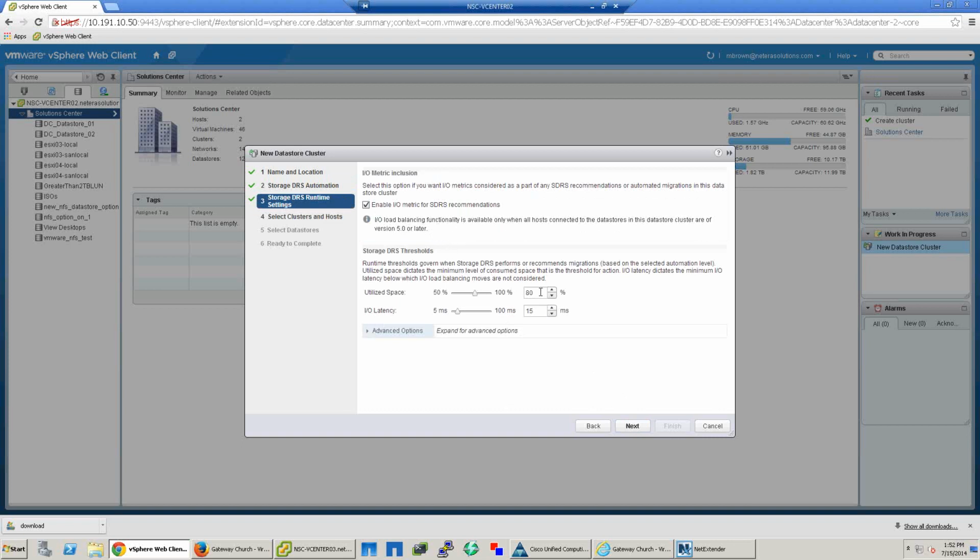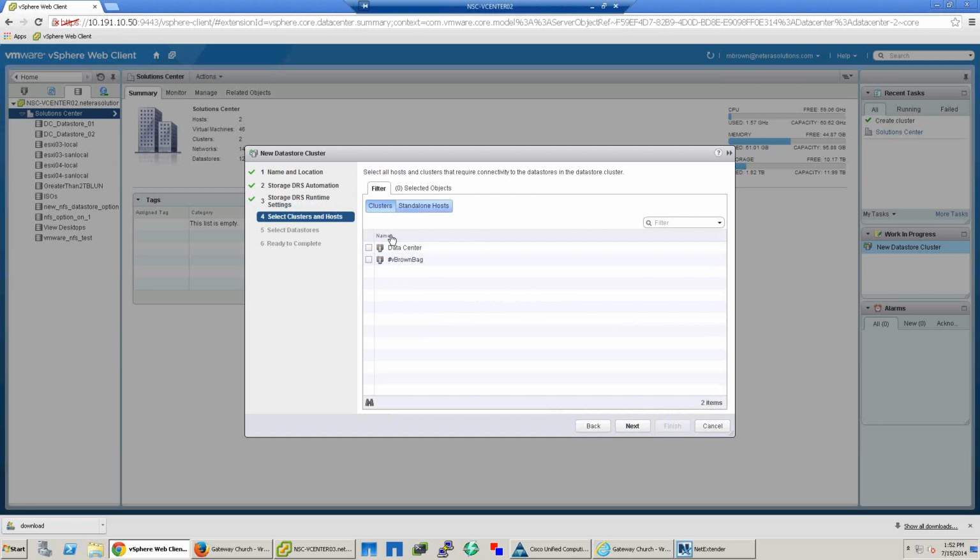Again, by default, the utilized space is at 80%, and 15 milliseconds seems kind of low to me, but VMware will tell you those numbers have been carefully tested, and the conclusion was that these numbers are good. But it may not be for your environment. You can change that here during the creation of the storage DRS data store cluster.